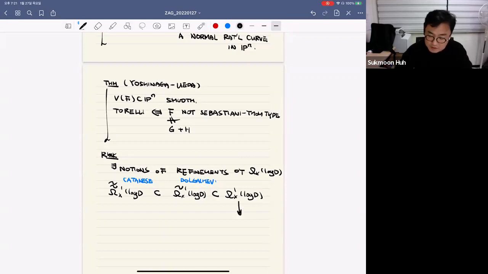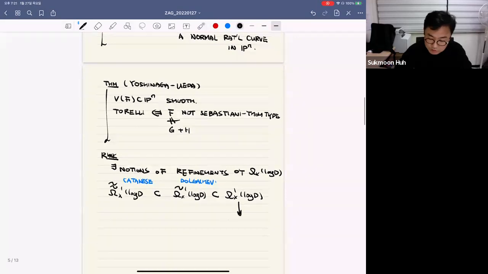The thing is that, if you consider the Poincare residue exact sequence, there is a surjection from the logarithmic sheaf by Deligne to the direct sum of Jacobian to Jacobian O_X.